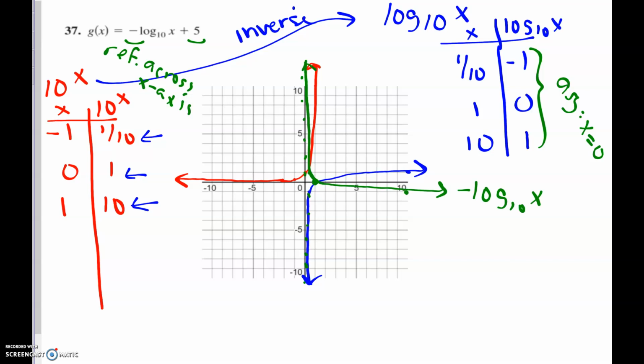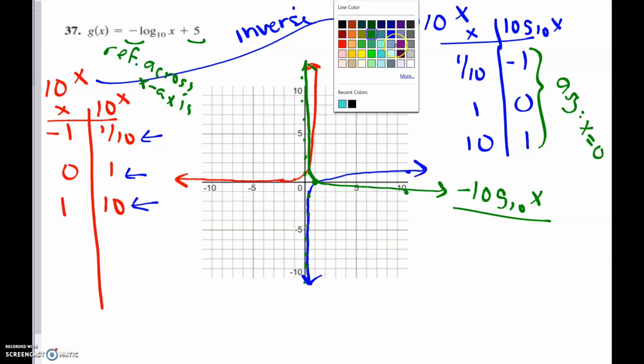So in green is the graph of negative log base 10 of x. Notice your x-intercept stayed, and now your two other values swapped, so it's 1/10, +1, and 10, -1.